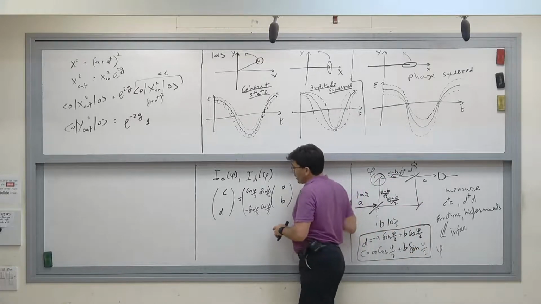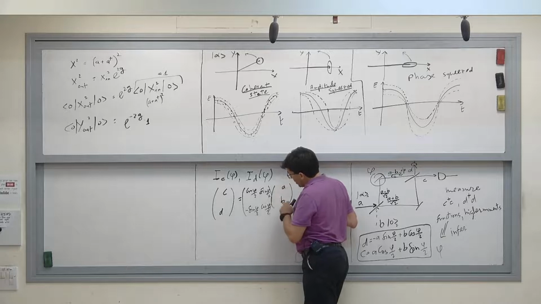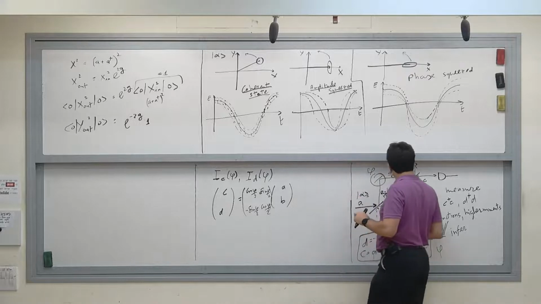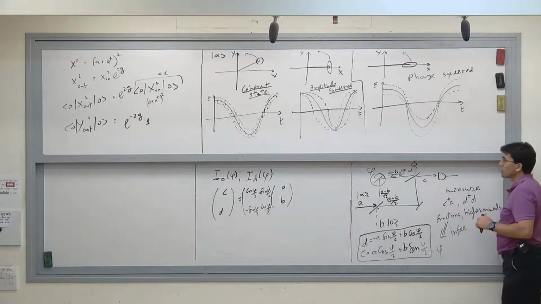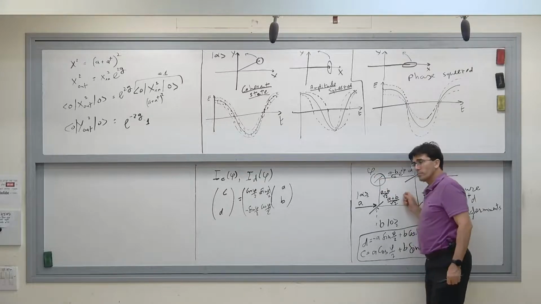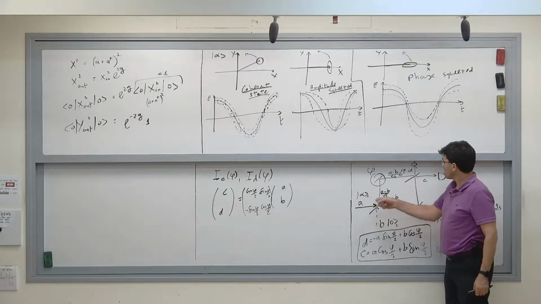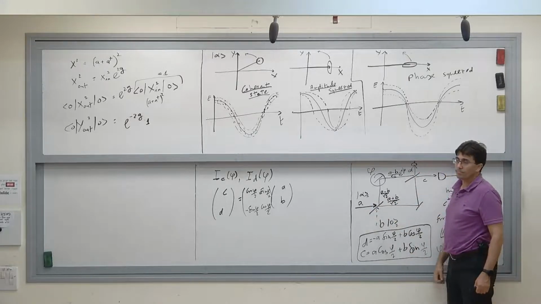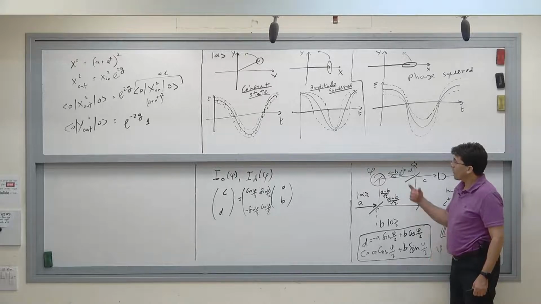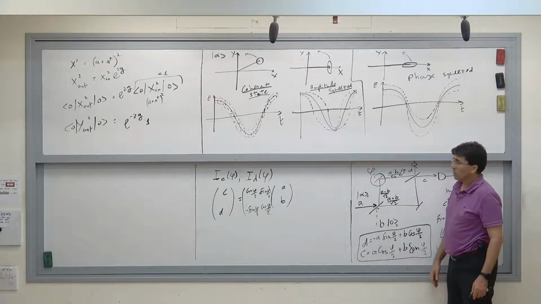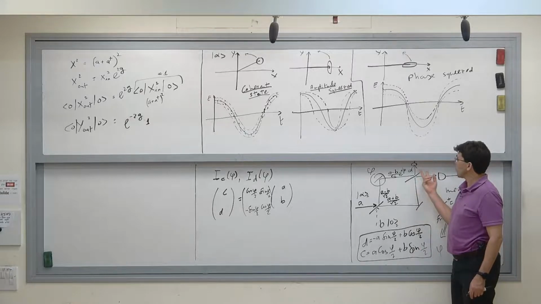For example, when the phase equals 0, then C equals A and D equals B. When the phase equals 180 degrees, or phi over 2 equals pi over 2, then you swap them.